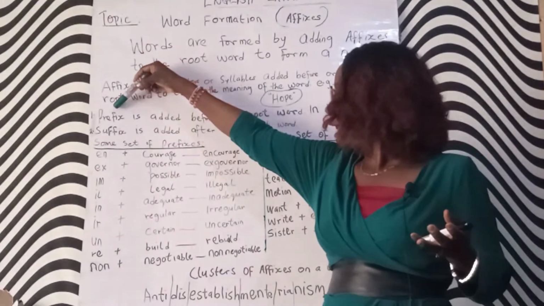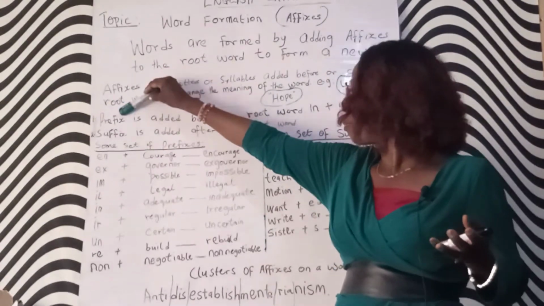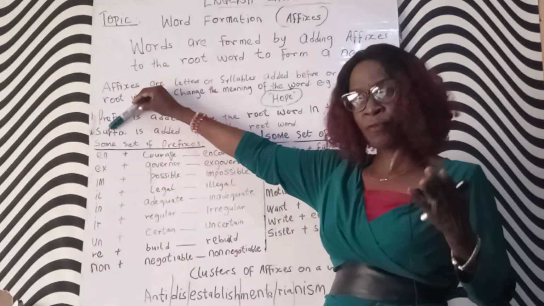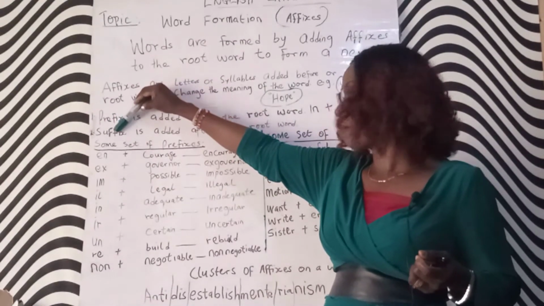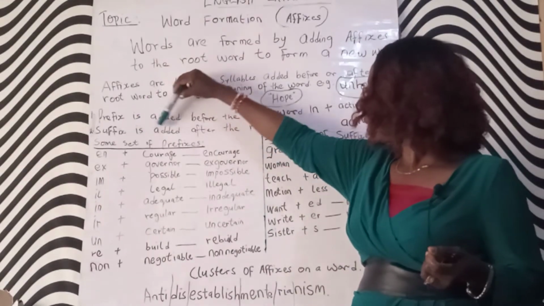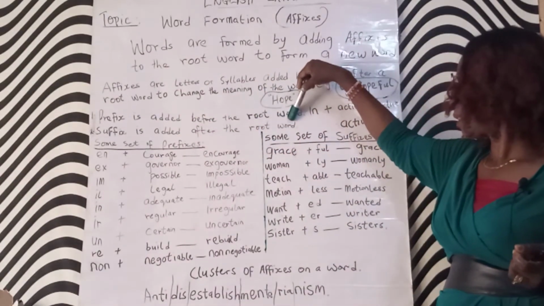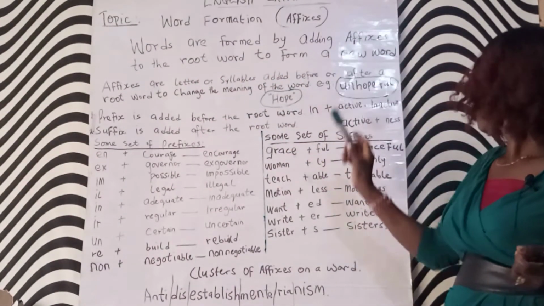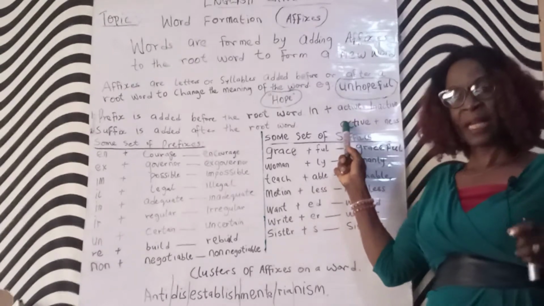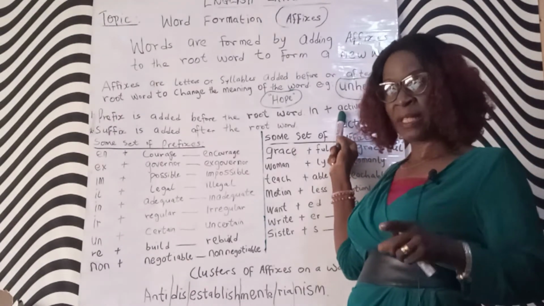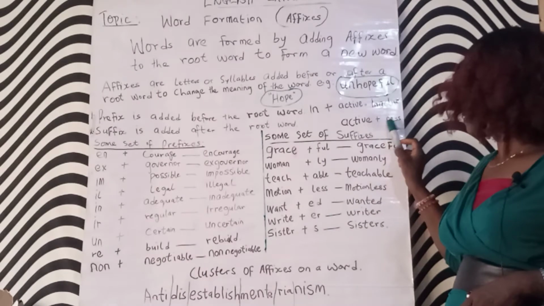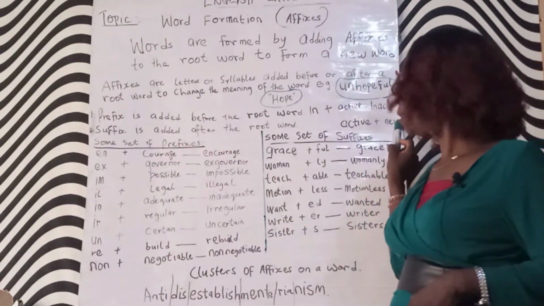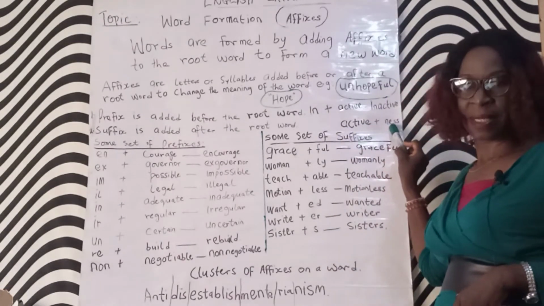Then that was the first form of affixes, the prefix. And then we come to the second form of affix. We have suffix. Suffix is added after the root word. For the word active, that is the root word, when you add ness, that is active plus ness, you get activeness.